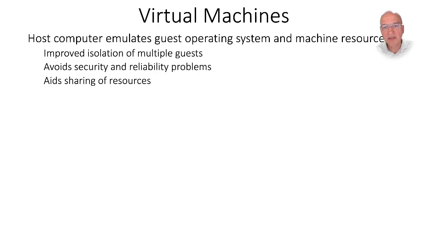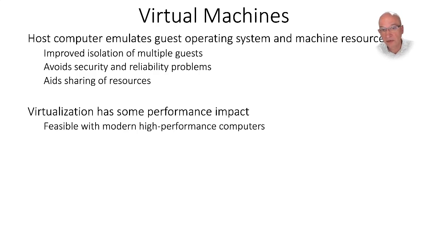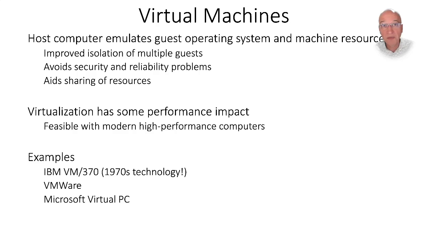The main idea of the virtual machine is that you're going to avoid some of the security and reliability problems that you have if you don't use the virtual machine, if you have just processes sharing access. And it's very helpful to share resources, and that's why it's very popular in cloud computing. But virtualization has performance impact. It's very feasible for modern high-performance computers, and that's why it's very popular these days because it allows me to provide these services.